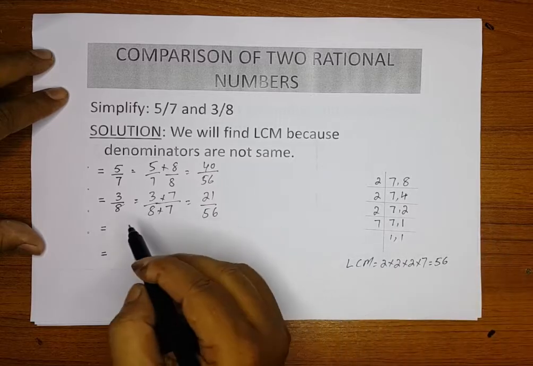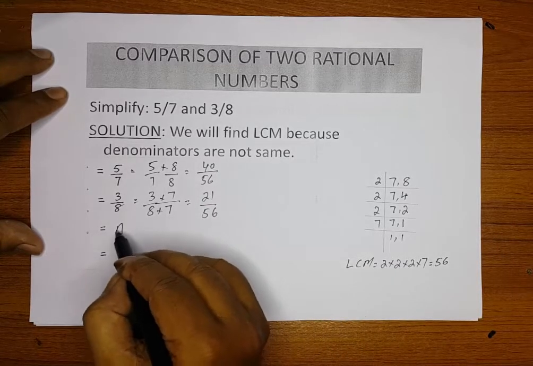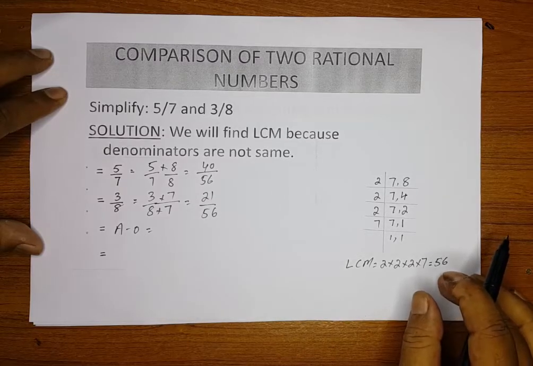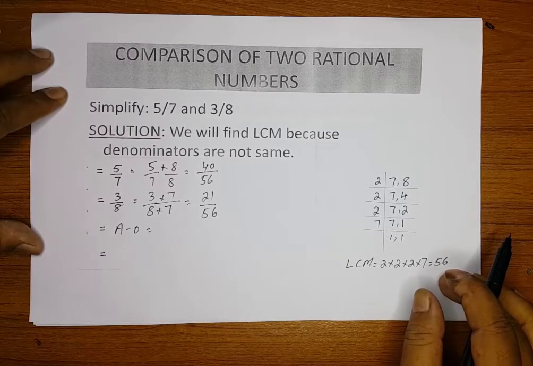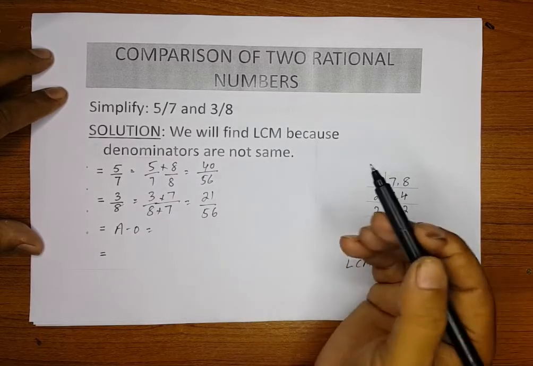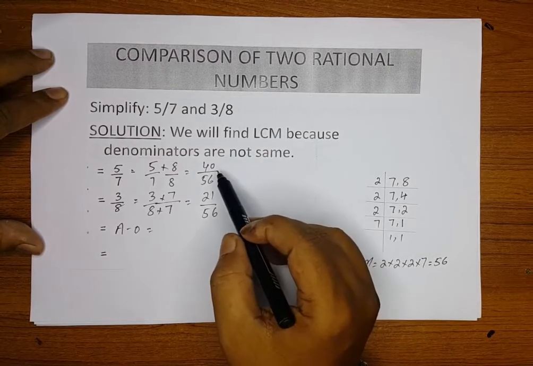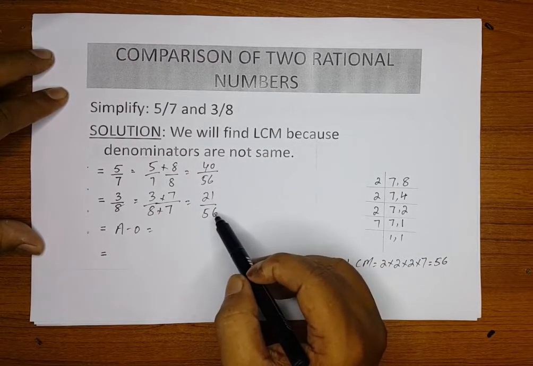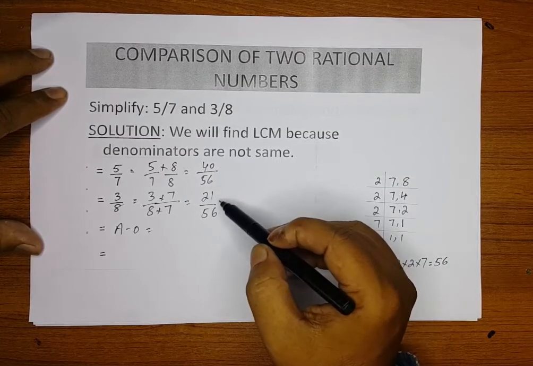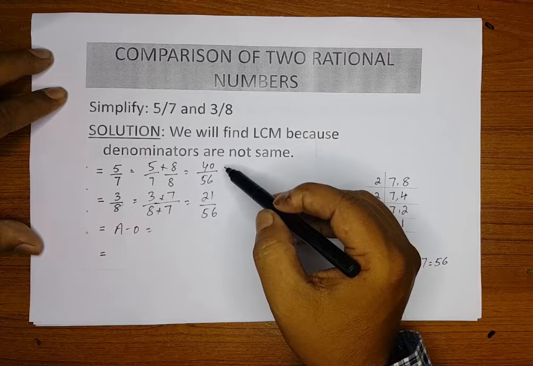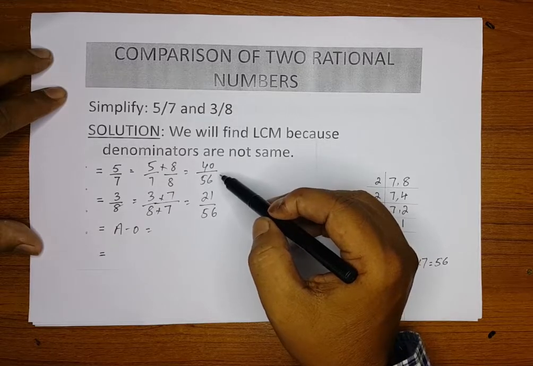Now we will arrange in ascending order. Ascending order is smaller to bigger. So 40 upon 56 and 21 upon 56: 21 is the smaller numerator compared to 40 upon 56.